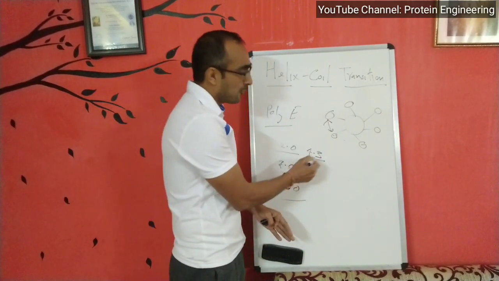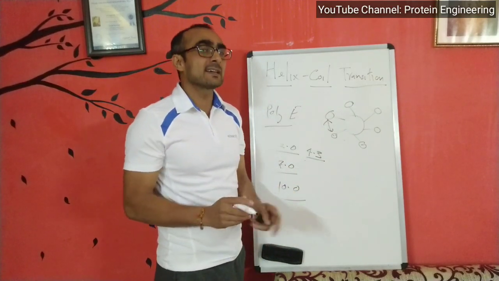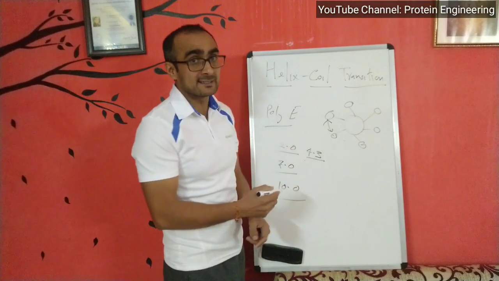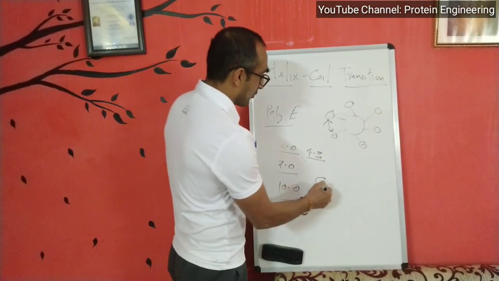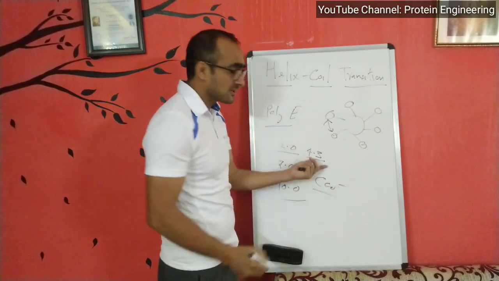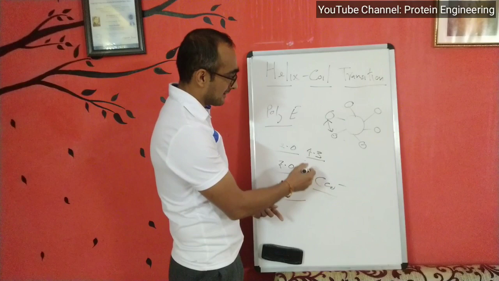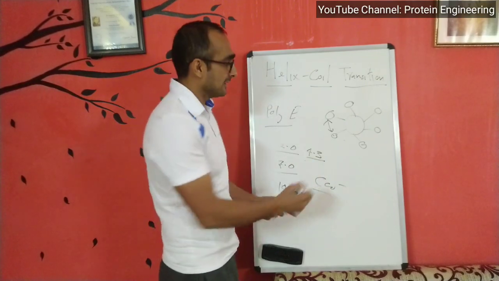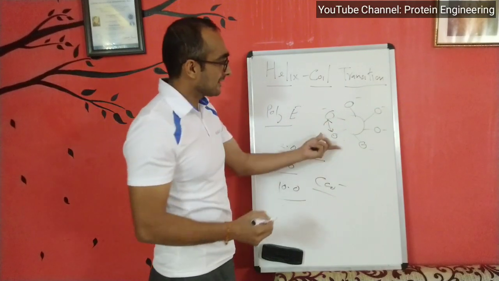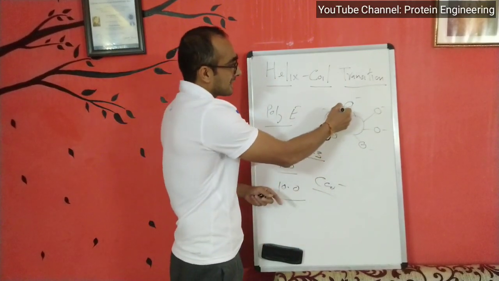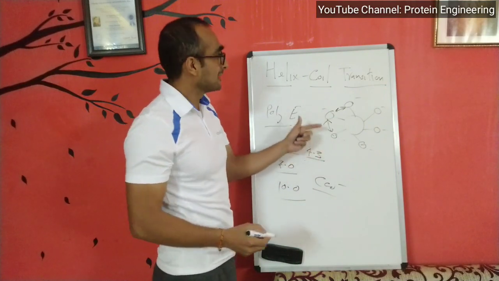But above 4.3, the predominant species in the side chain of glutamic acid is the carboxylate group, COO minus. It means if you keep a polyglu helix at pH more than 4.3, all the side chains will be negatively charged. As a result, this negative repulsion will cause the helix to disrupt and turn into coil.